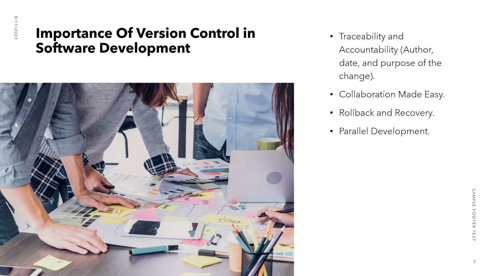Moving along, the version control system provides us with rollback and recovery measures within the software development lifecycle. In other words, mistakes that have been made can be traced and reverted.